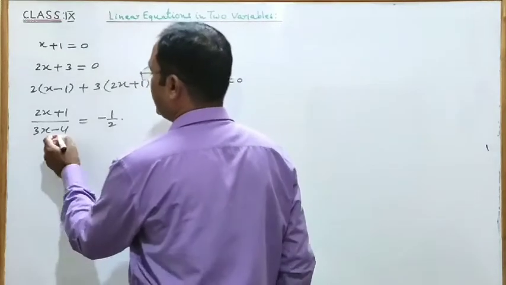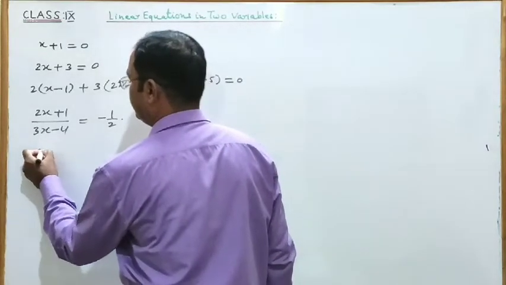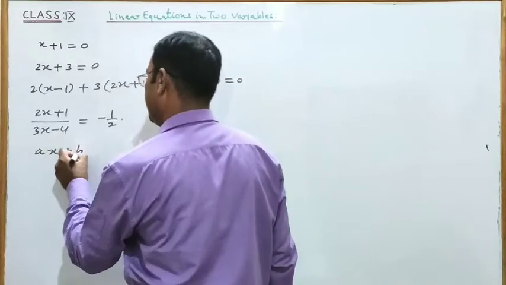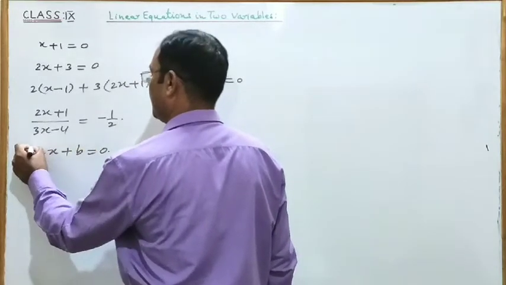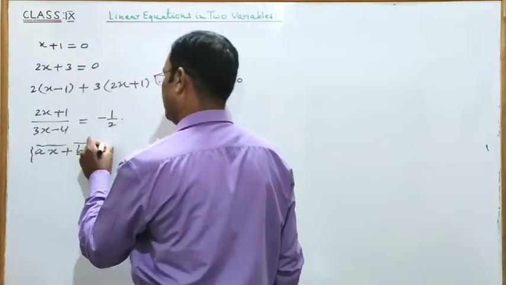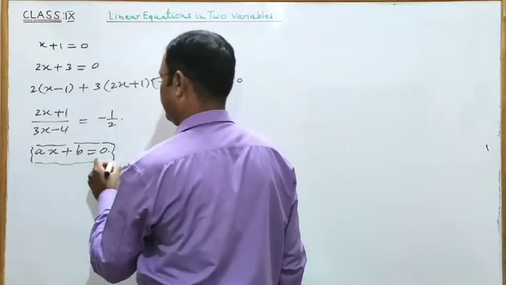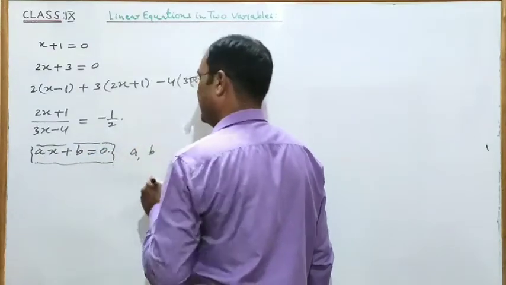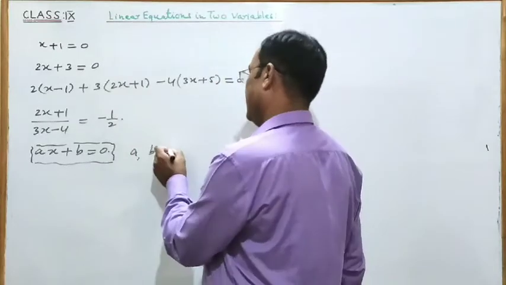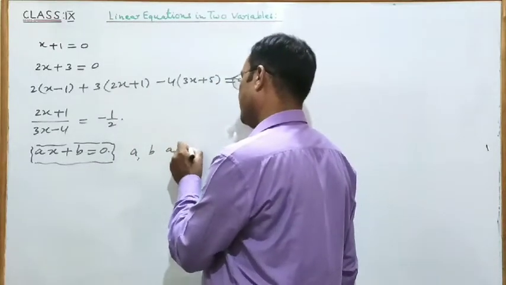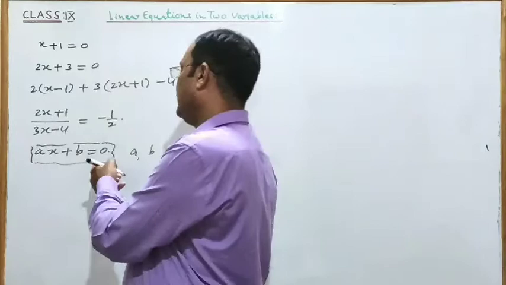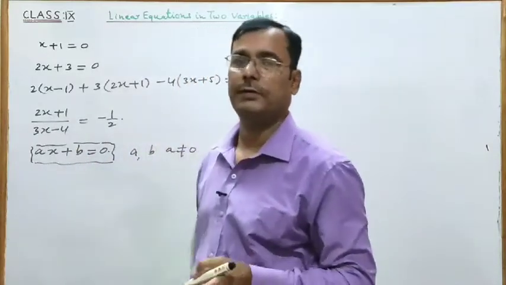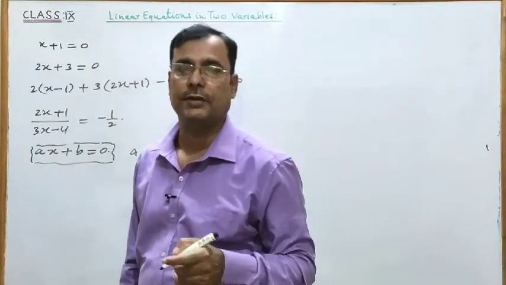But an equation of the form ax + b = 0, where a and b are real numbers and a is not equal to 0, is a linear equation in one variable in standard form.